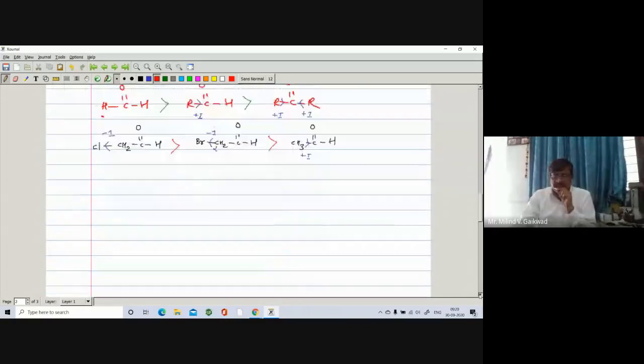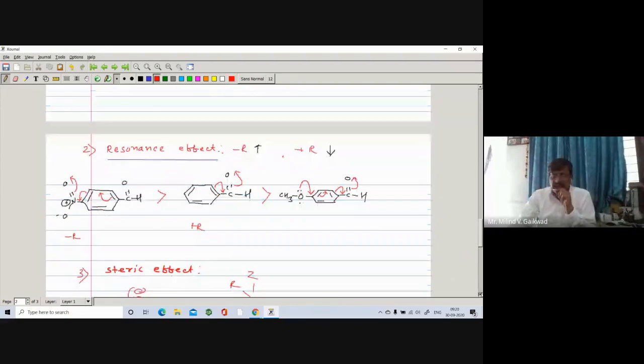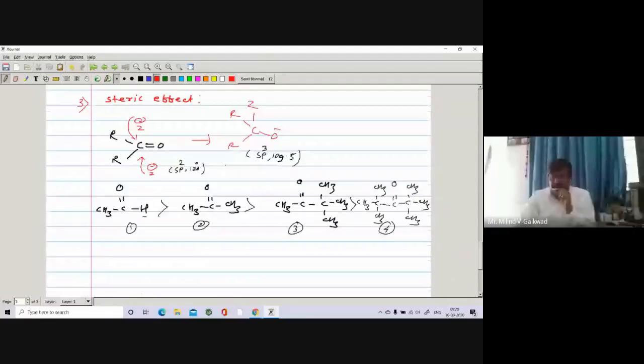Similarly, we have seen the resonance effect. If there is a minus R effect, reactivity increases. If there is a plus R effect, the reactivity decreases. And the steric effect: more the crowding in the transition state, and more crowding in the product also, that's why the reactivity decreases.